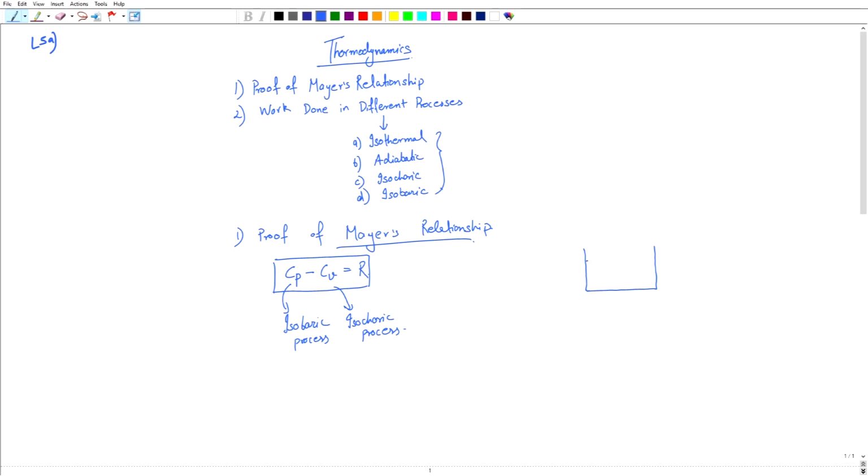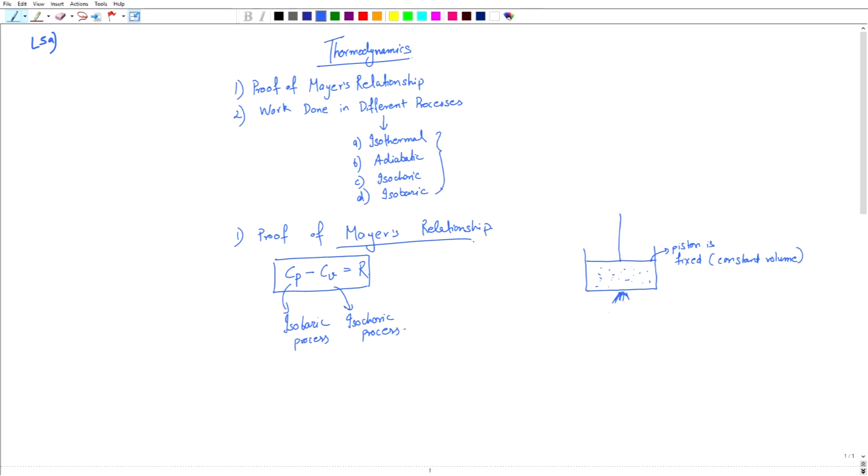First look at the isochoric process. Isochoric means the piston is fixed because we want a constant volume. Let's say we have some gas molecules inside the piston cylinder system, and this piston is fixed. That means it is at constant volume. Now you give external heat to the system.